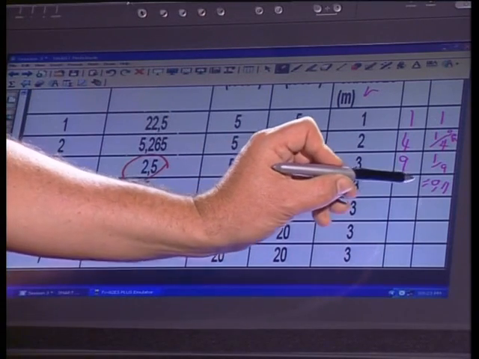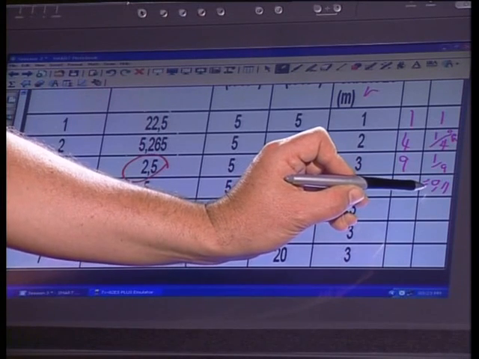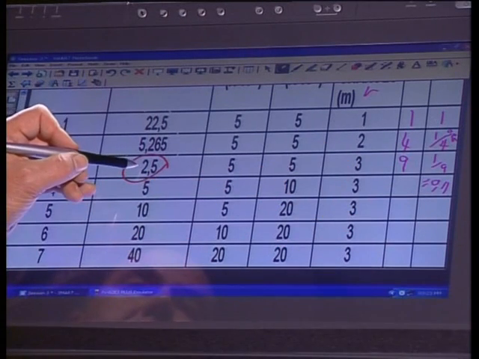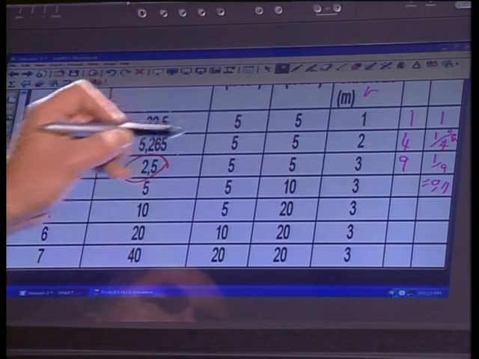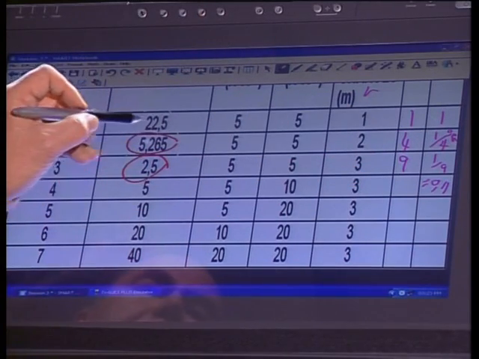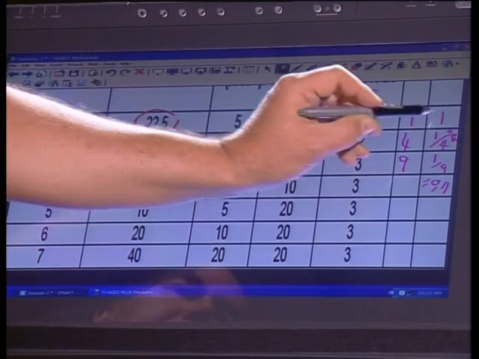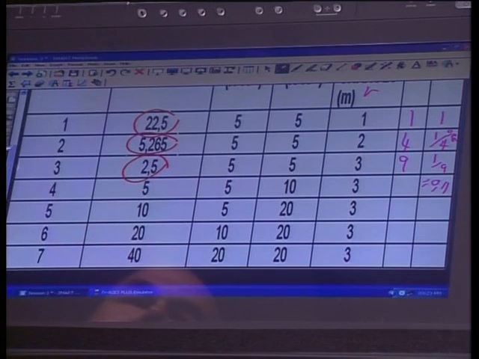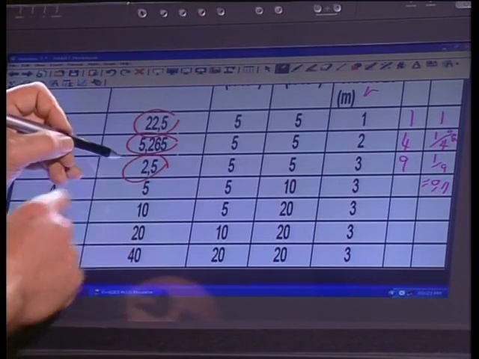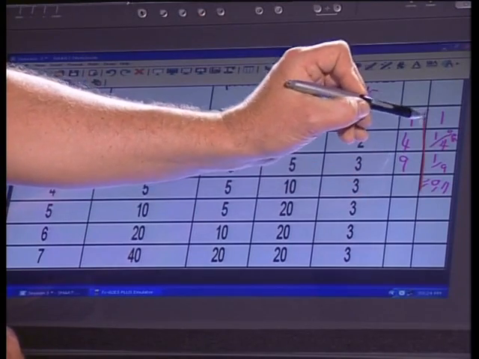When this is the smallest, 0,11, then this is 2,5. When it's 0,25, it gets bigger. When it is 22,5, it gets to 1. So what I'm seeing is that as this one increases, so does that value increase.